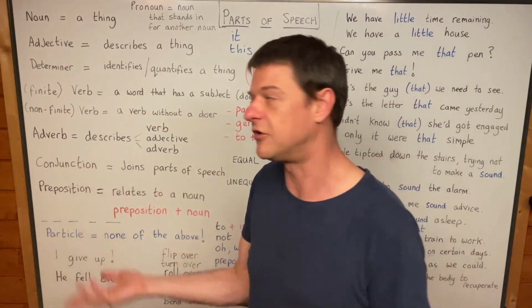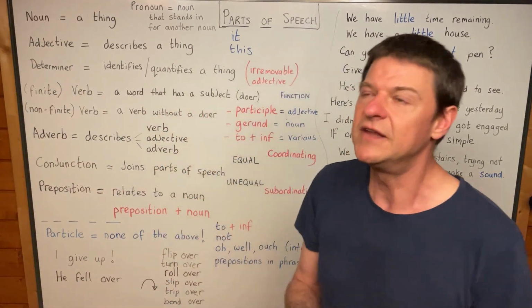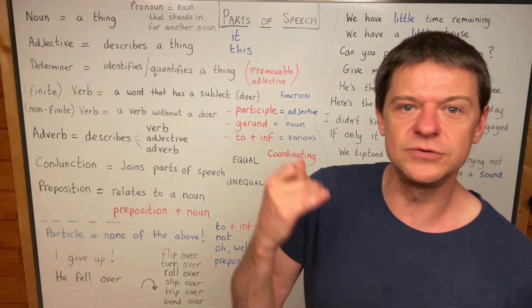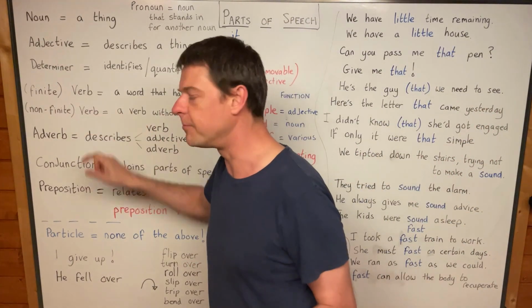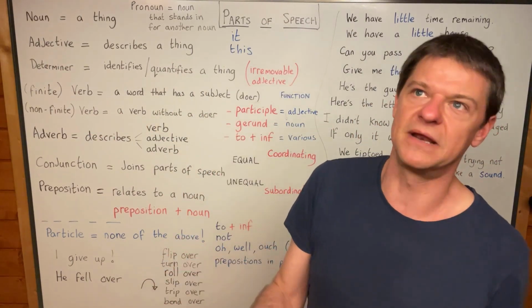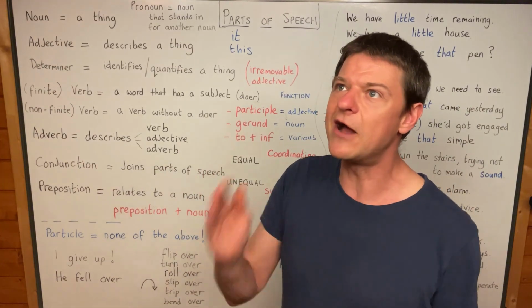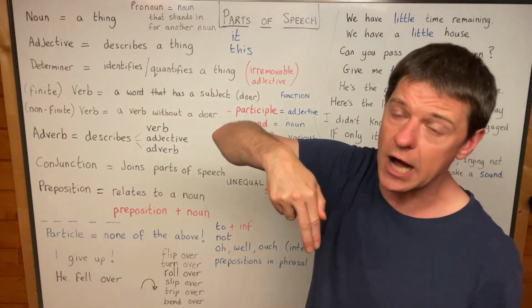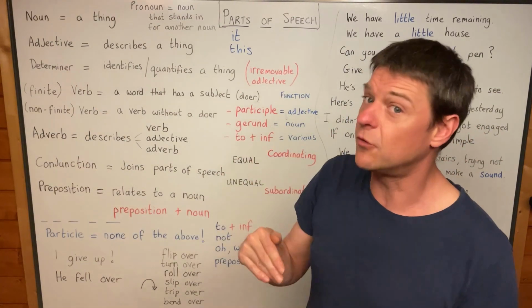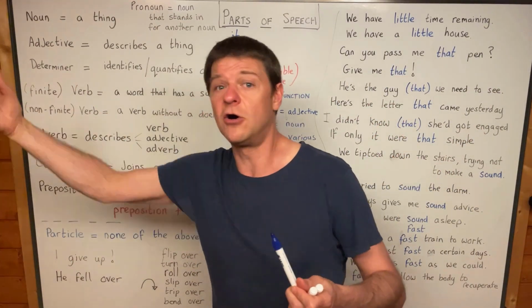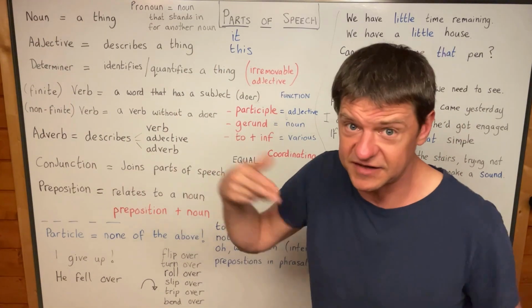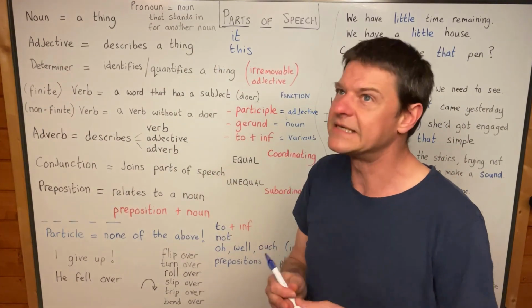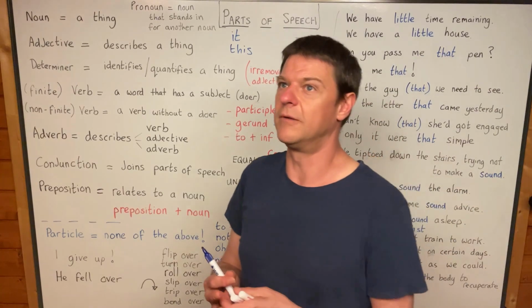Expensive is an adjective describing hotel, but not always, because we have a lot of verbs called copular verbs, okay? Copular verbs. Now, the most common copular verb is to be. And when you say I am hot, hot is an adjective describing I. So they don't always come before the noun. When you say I am hot, hot comes after the pronoun that it's describing. So I want you to remember that. And there are other copular verbs as well.